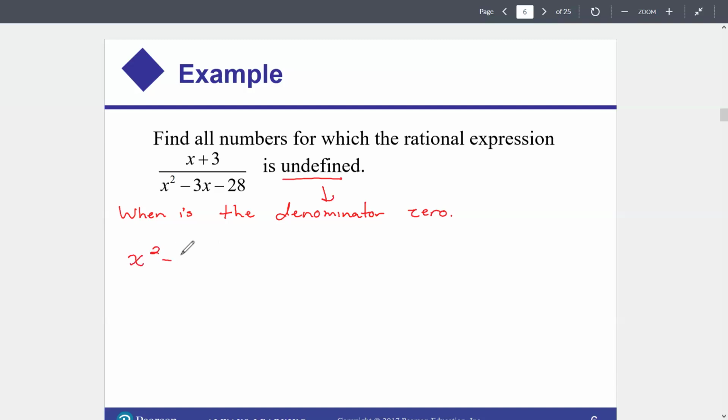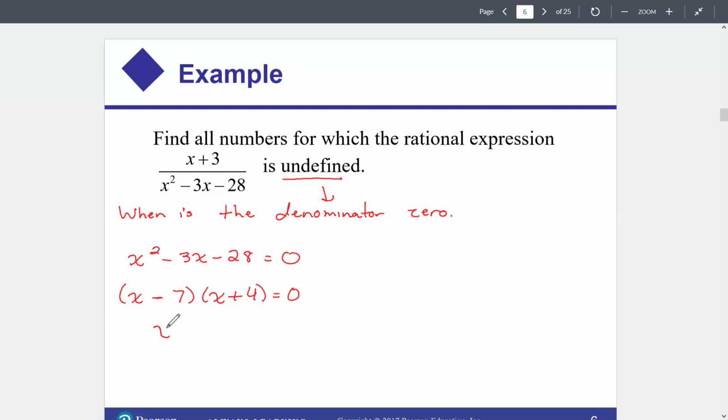Meaning I'm just going to look at x squared minus 3x minus 28 and figure out when that equals 0. I need two numbers that multiply to give me -28 and add to give me -3, which would be -7 and +4. If I multiply -7 and +4, I end up with -28, and if I add them, I end up with -3. So that is the factored version of my denominator.